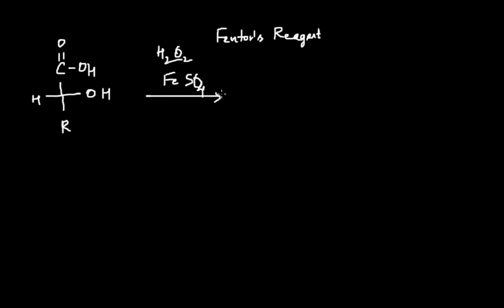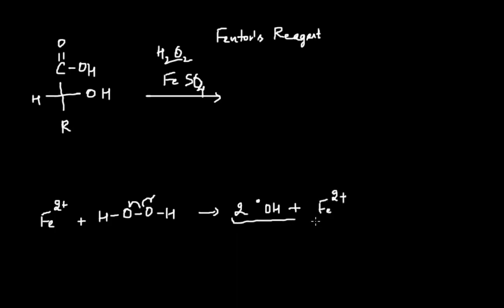So what the hydrogen peroxide and FeSO4 do is, FeSO4 is present as Fe2 plus, and your H2O2 breaks by a radical mechanism and gives you OH radicals.